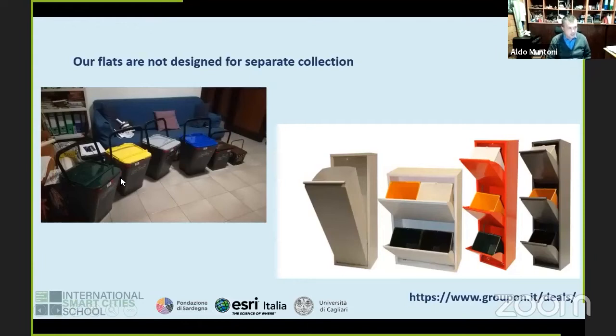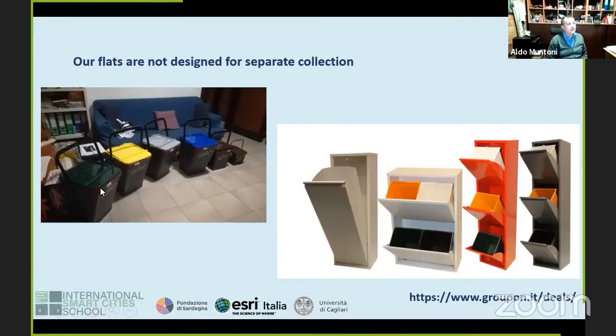They are very big, and my flat is not big, but I know that there are flats which are even smaller, and I wonder where the people put these big containers in very small flats.